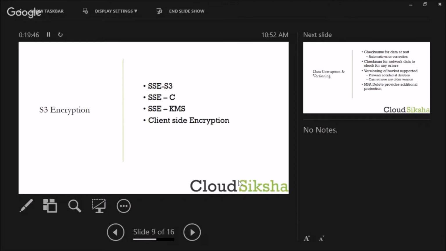So when it comes to S3 itself doing the encryption, there are three methods of doing it. Now, S3 will have its own encryption keys and use the encryption keys of its own, and it does AES 256 encryption if it uses its own keys and stores your objects in an encrypted form.